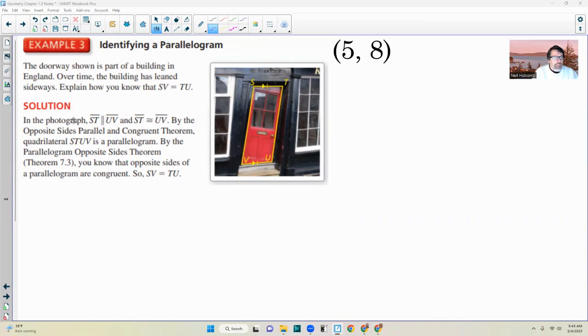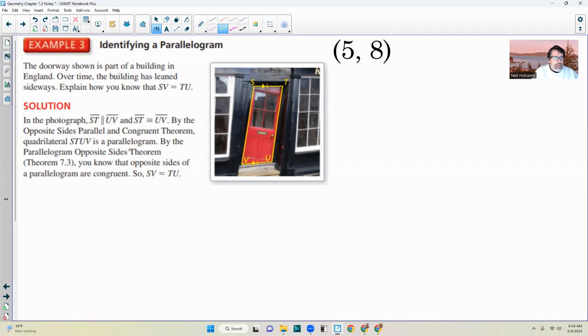Solution. In the photograph, ST is parallel to UV. Okay, so I'm going to mark this up. ST is right here. UV is right here. And there's a parallel marker right there. ST is congruent to UV. So now I have a pair of opposite sides, parallel and congruent. So by the opposite sides parallel and congruent theorem, quadrilateral STUV is a parallelogram.